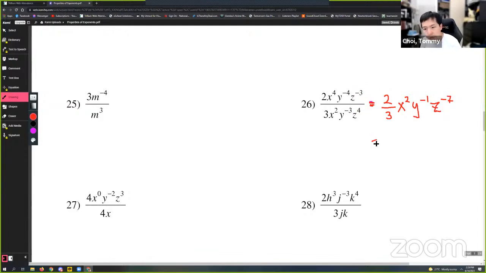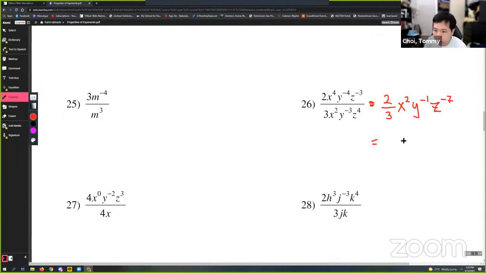Okay? Now from here, some of you might be thinking, okay, now I don't know where to put these things. So notice how we have a fraction here in the front, right? The 2 over 3, we haven't touched that. We can't really touch it. So what you do, any variable with a positive exponent goes in the numerator because it doesn't flip. It goes on top. Anything with a negative exponent goes on the denominator because it should flip.